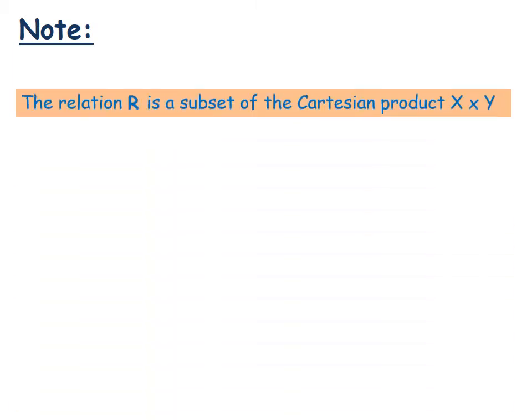Now we have some notes. Like what? The relation R is a subset of the Cartesian product X crossing Y. And that's crystal clear, because I choose some ordered pairs from the Cartesian product which satisfy the relation.